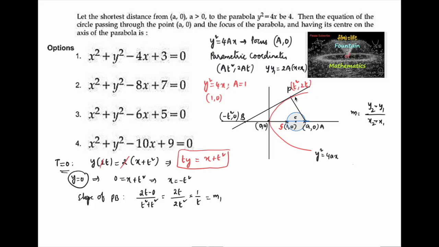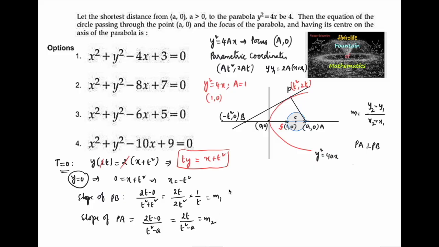Similarly, since PA is perpendicular to PB, the slope of PA is equal to y2 minus y1, that is 2t minus 0 divided by t square minus a, that is 2t divided by t square minus a.